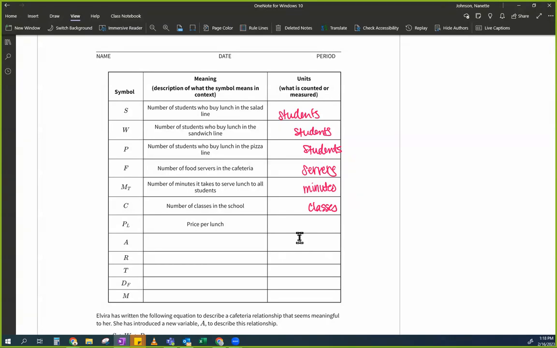Someone put euros. Yeah, actually, I didn't see it in the chat. So price per lunch goes like this. It's going to be dollars per lunch, or a more efficient way, dollars per lunch.